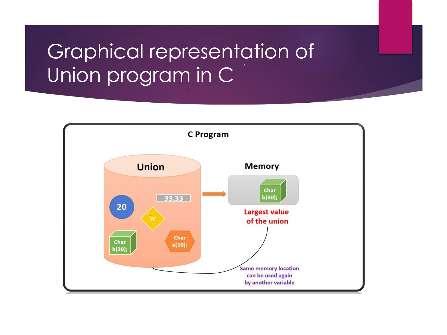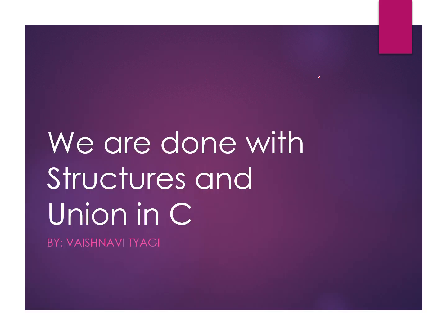But in a union, it is not predefined. It depends on the largest variable. Whatever memory allocation is required for the largest variable, that amount of memory will be kept during the memory allocation. So this was all about union and structure.